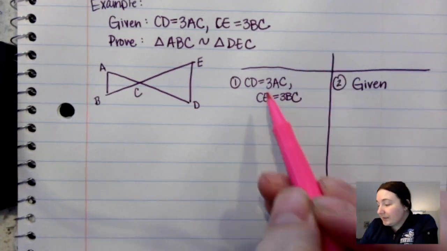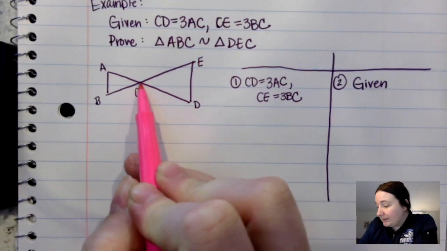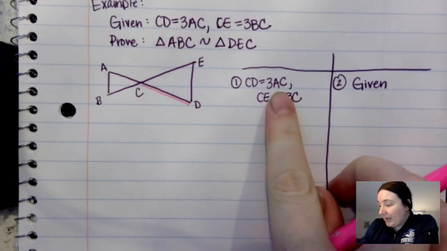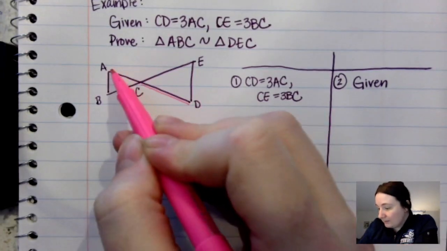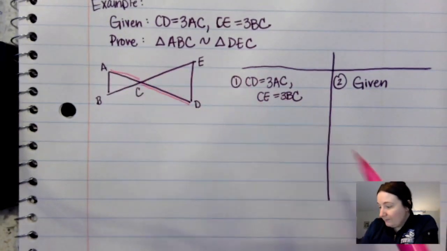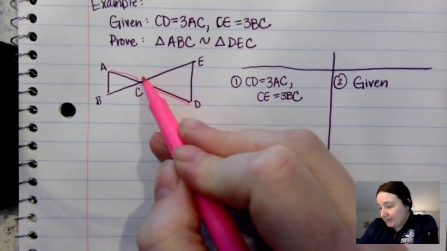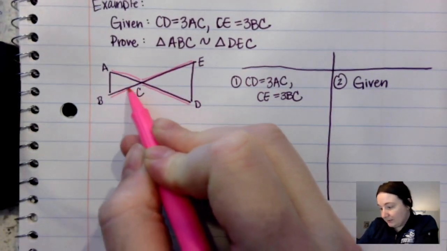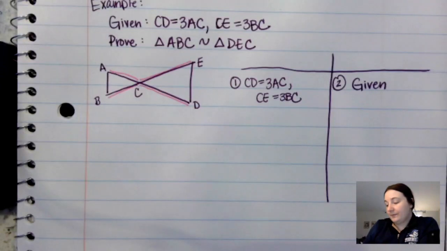And so in this case, they give us information about sides CD and AC. They also give us information about sides CE and BC. And so automatically I know I have 2 sides from each of the triangles.